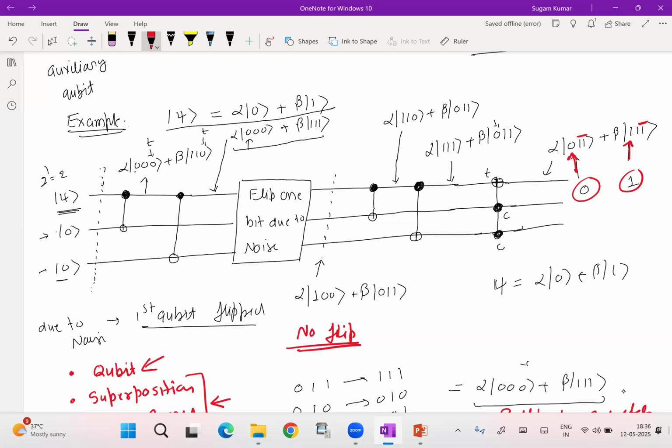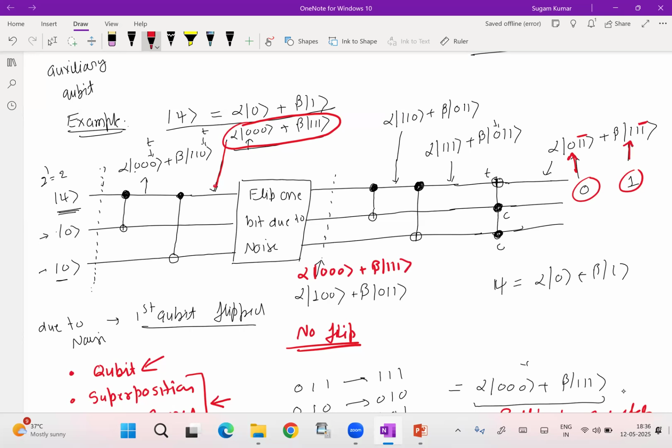If there is no flip, then look at what will happen. This of course remains the same here, up till here the same, am I right? And here what you will get? Nothing happens. You will get 0, 0, 0 plus beta 1, 1, 1. Red one is the new one I'm getting.